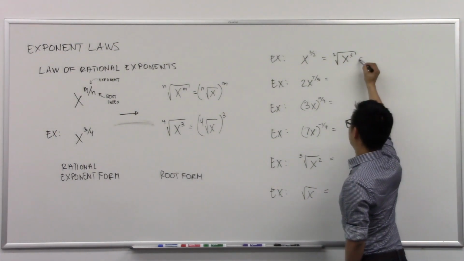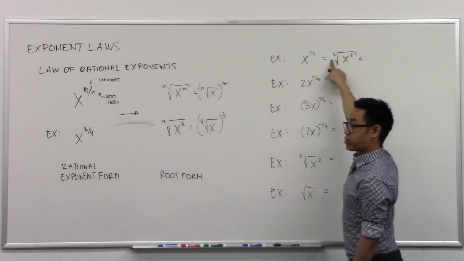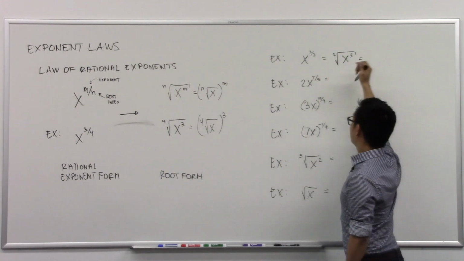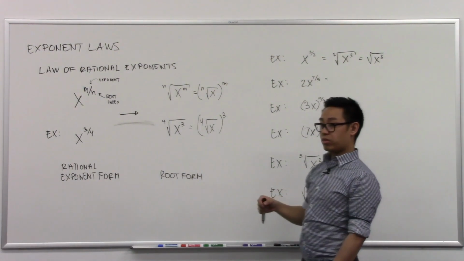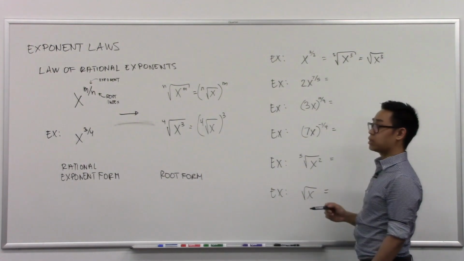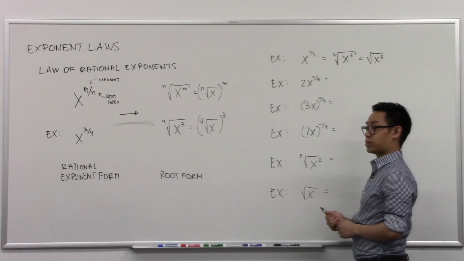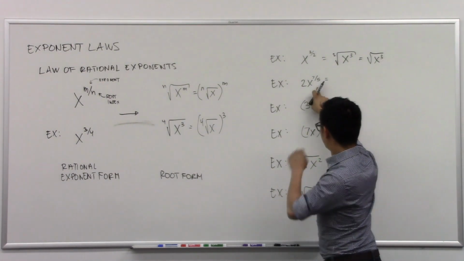But there's something you should know. We don't need to write square root. When the 2 is on the outside, we don't need to write it. So this is really the square root of x cubed. When you don't see a root index, the number on the outside of a root, you don't need to show it. It's a 2 if you don't see it. Here, all right?